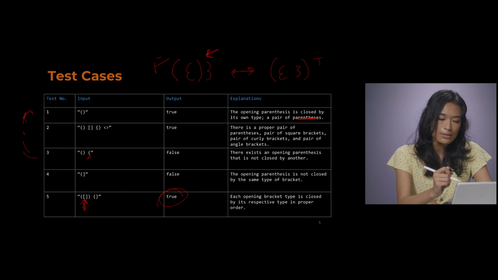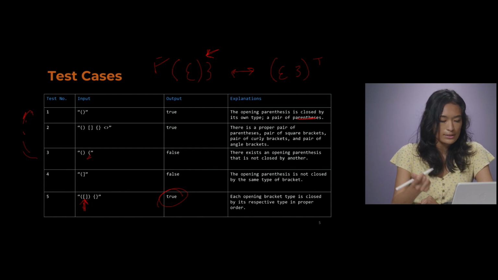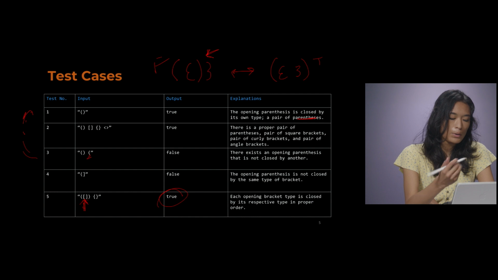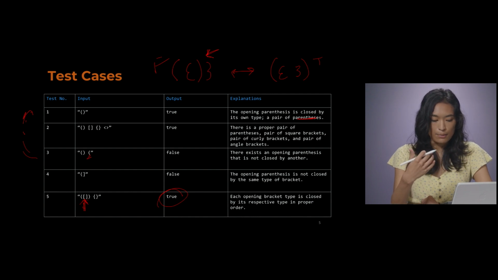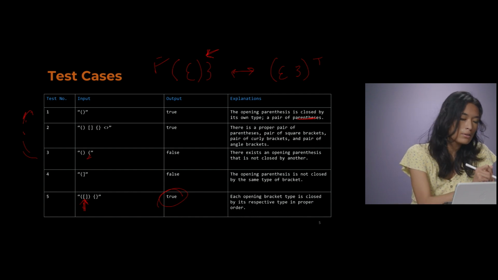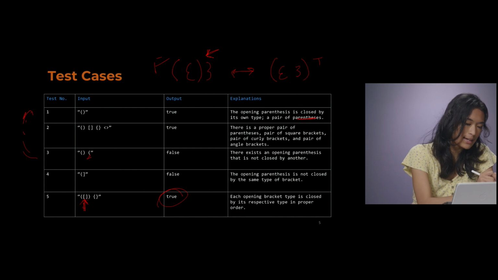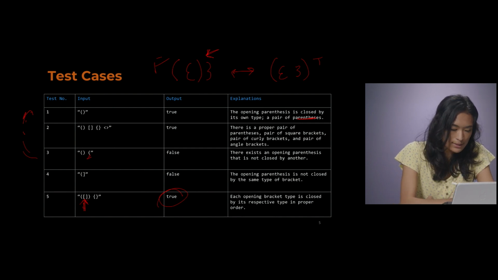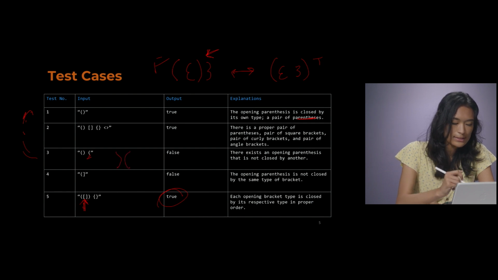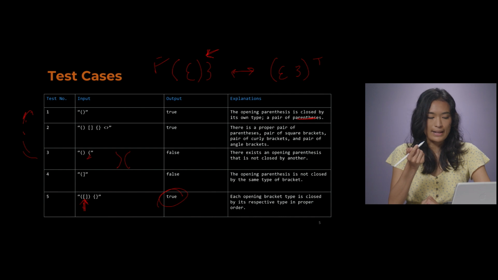And another misunderstanding for some students, which we'll actually get to in our brainstorming part, would be if we had a test case with this type of parentheses, I'll put it right here, and this type of parentheses. So you can see it's not really closed by itself.